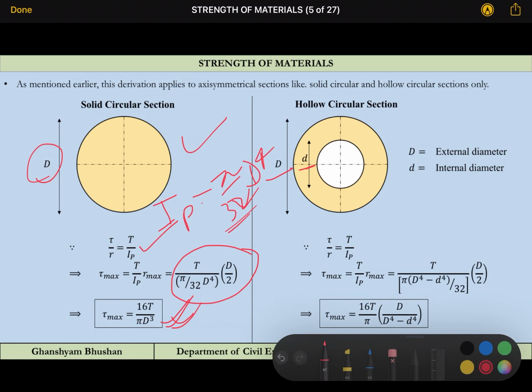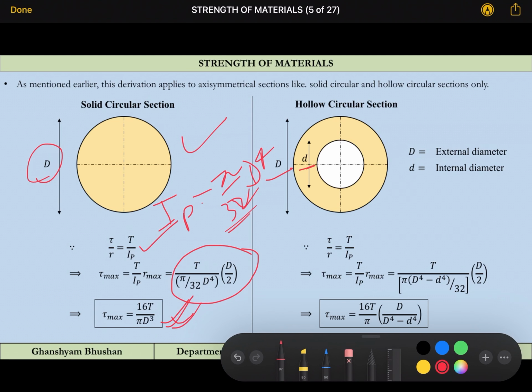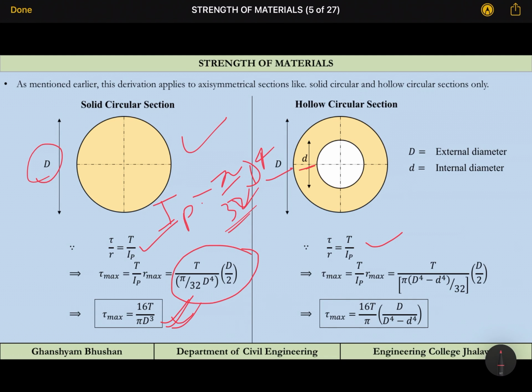So for the hollow section, let us see what is going to change. Only the term IP will be changing, because for the hollow circular section, we have to take the IP of the solid section minus the IP of the hollow section. So here a little bit of difference is there. In this term you can directly use the formula for tau max.